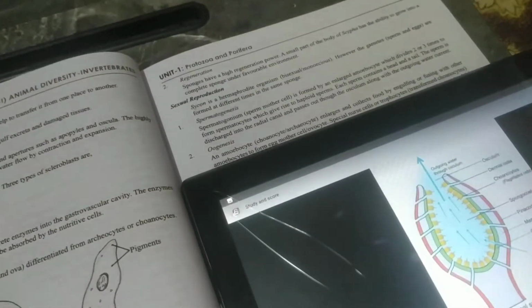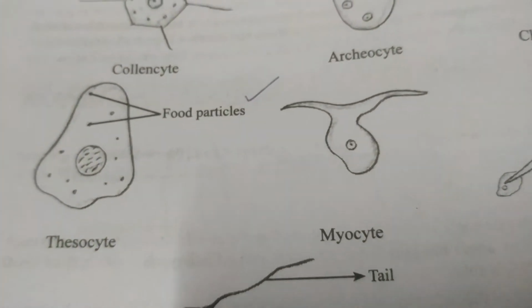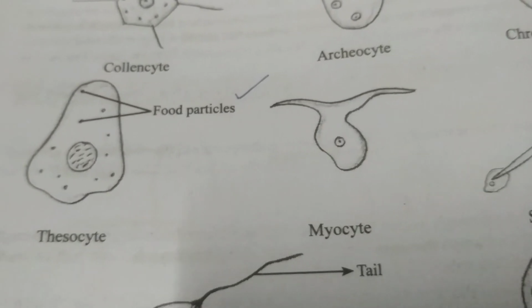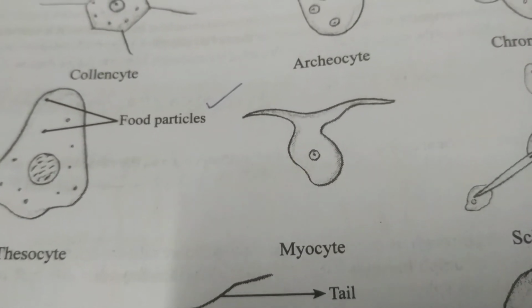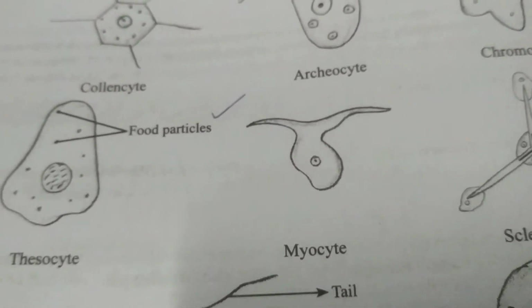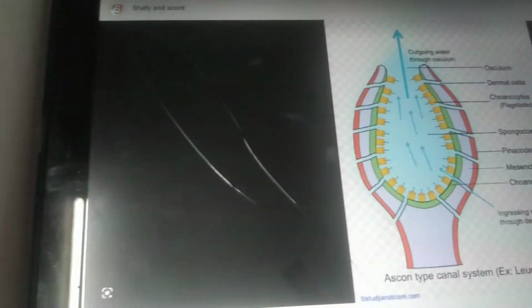Can we see the myocyte cells? It is here. This is called myocyte cells. They are present near the osculum. They have flexibility, very good, and they are spindle shaped, as you can see in the figure. They are present especially in the anterior part and posterior part.